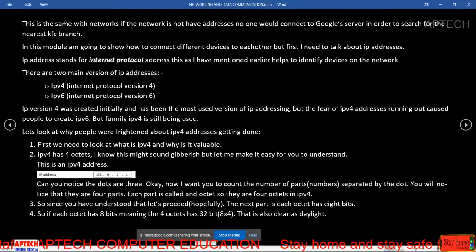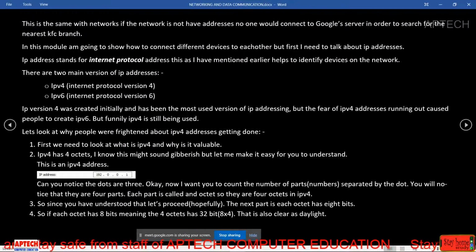Each of these octets has 8 bits. In each of these octets, the limit is 8, which I talked about. Now if you combine those, since there are 4 octets in IP version 4, if you calculate 4 times 8, you get 32.